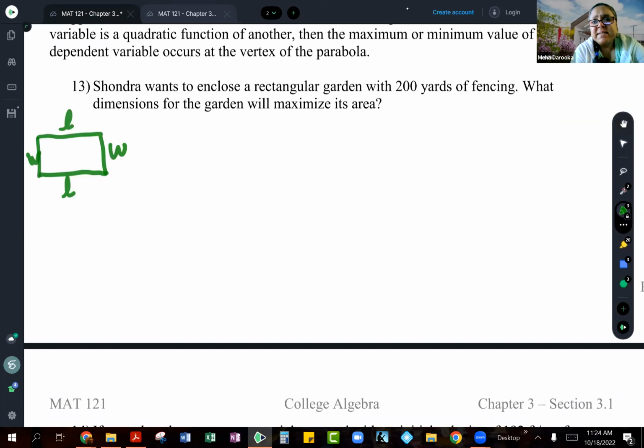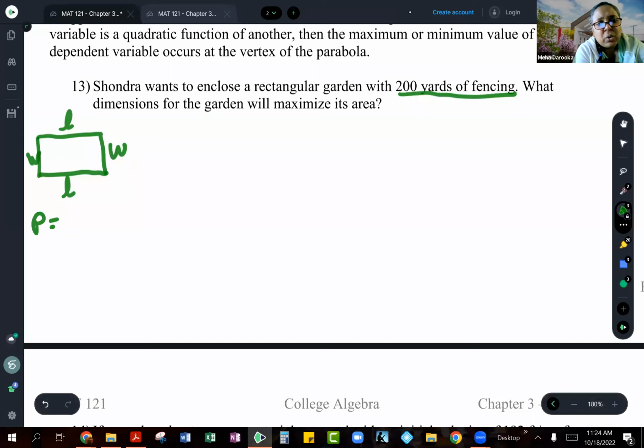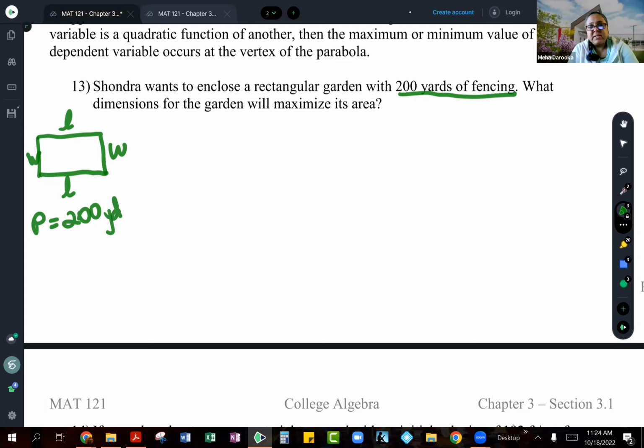Now they're telling us we have 200 yards of fencing. So that basically means if we put a fence around this yard, that total perimeter should come out to be 200 yards. So that's where we get started here: trying to figure out what our perimeter will look like.